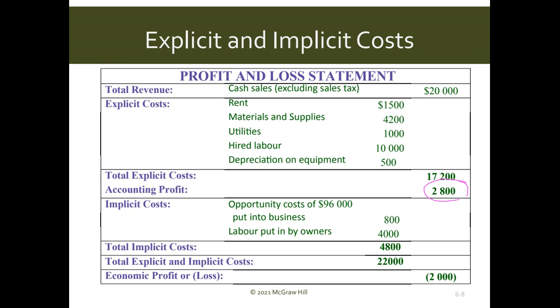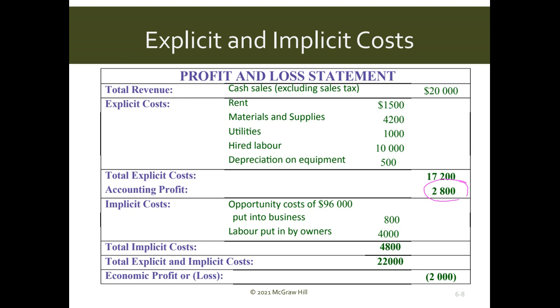So let's take each component one by one. Number one, opportunity cost of $96,000 put into business, and labor input, labor put in by owners, 4,000.